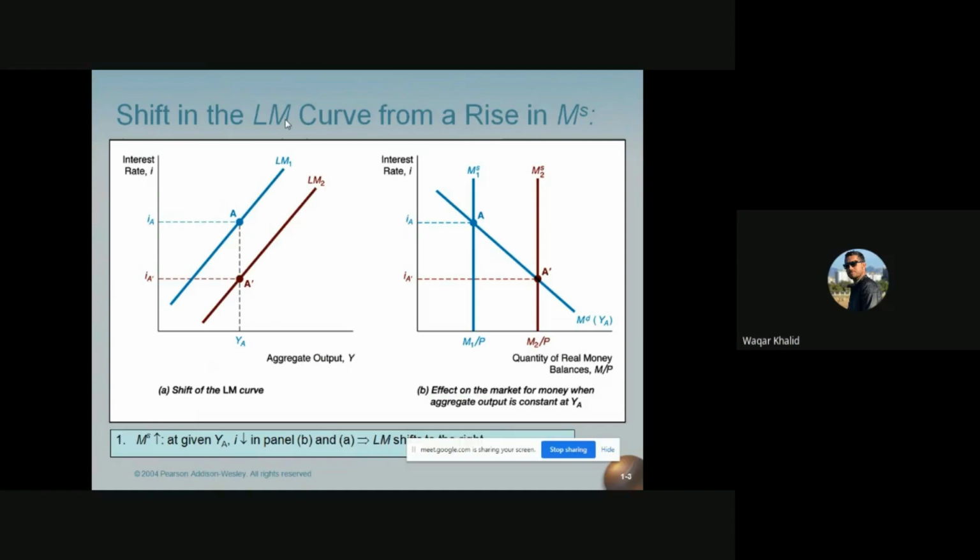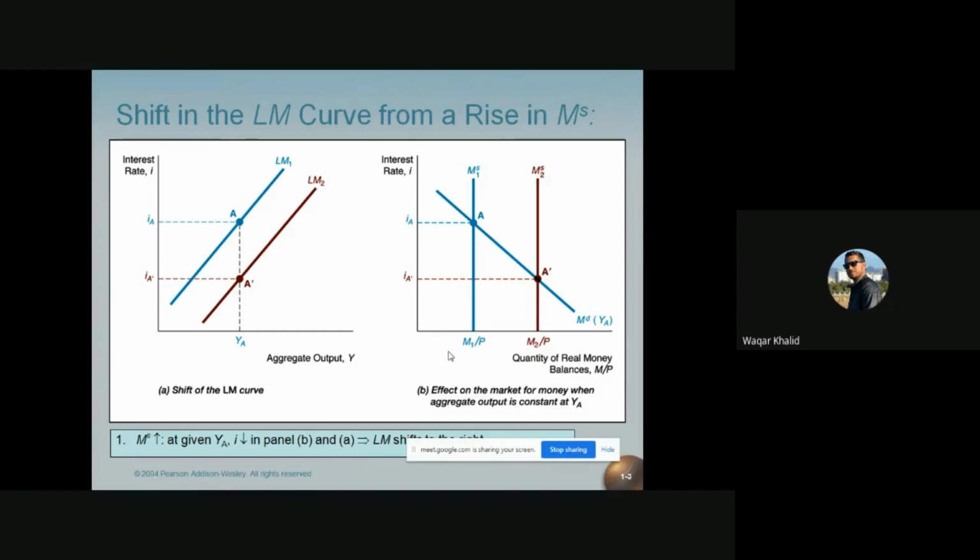If we consider point A, which is on the original LM1 curve, we can examine what happens to the equilibrium interest rate, holding output constant at YA. This is the original point on the initial LM curve, where we have interest rate IA and aggregate output YA. Now look at panel B.